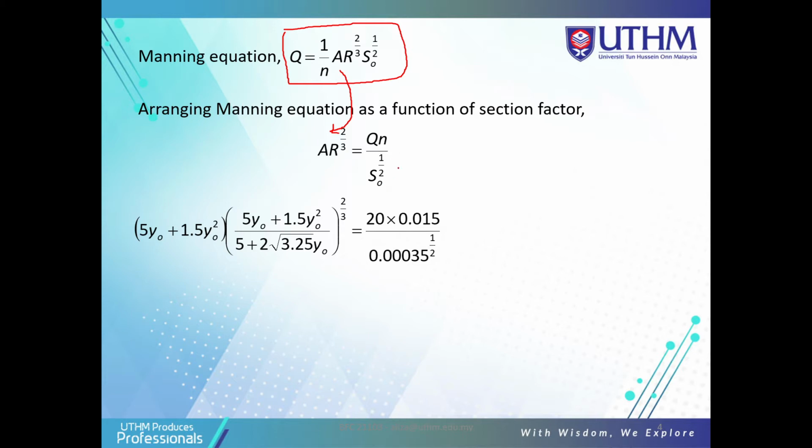Okay, so just put all the values here. We put the area, which we get from the previous slide, in terms of y0, because y is unknown and we want to find y0, the normal depth.